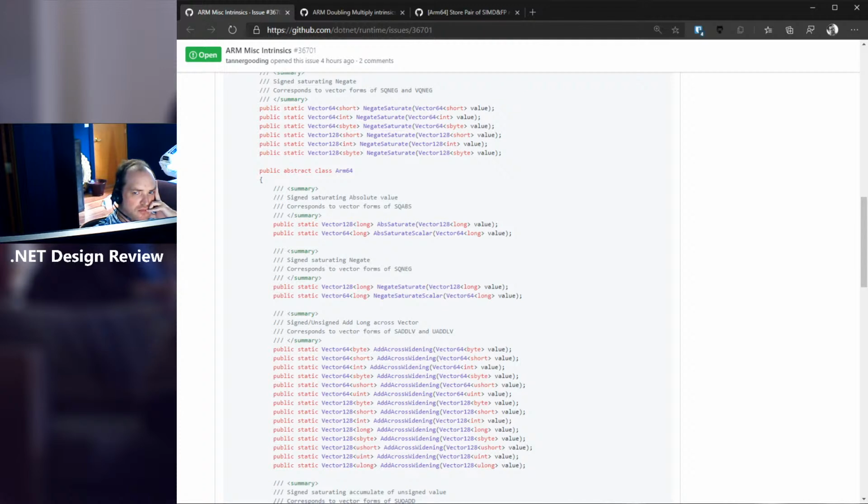How negation saturation works? Suppose I have byte 120 and if I negate this, it's going to saturate. Result unsigned, right? No, it explicitly returns a signed result, that's what the API says. And it will return 120.